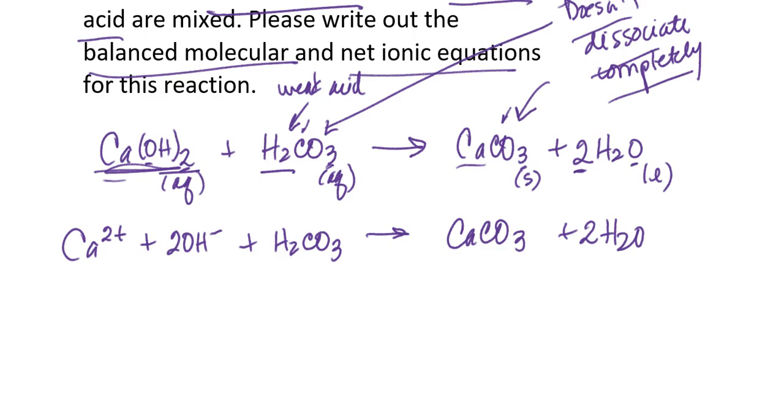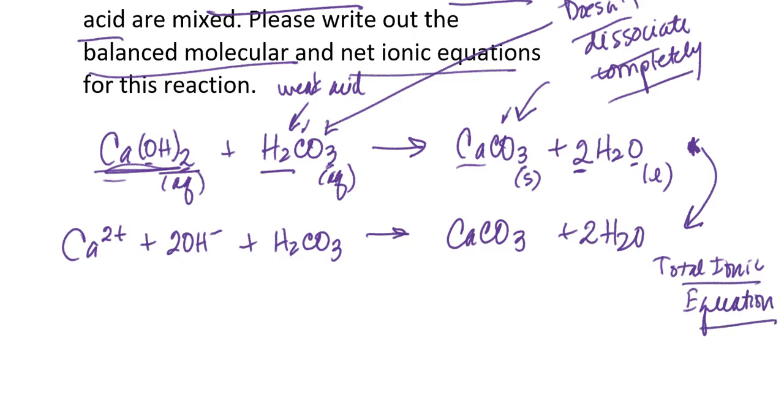Now, at this point, I've broken down everything that I can break down, going from my molecular equation to my total ionic equation. However, if we look carefully, there are no spectator ions. Basically, the calcium ends up associating with the carbonate to give me the calcium carbonate, which is a solid.